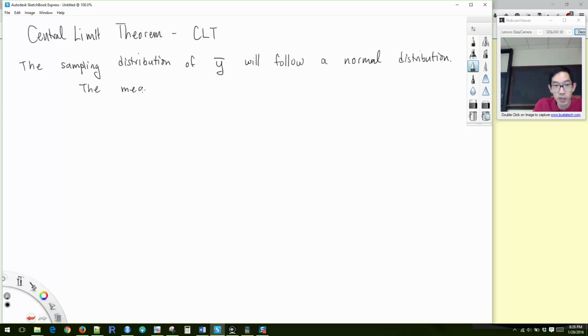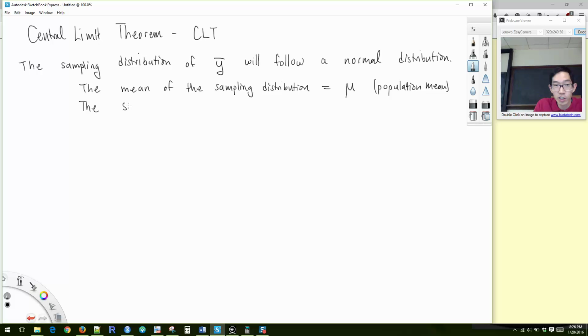The mean of the sampling distribution is equal to mu, which is the population mean. Okay.